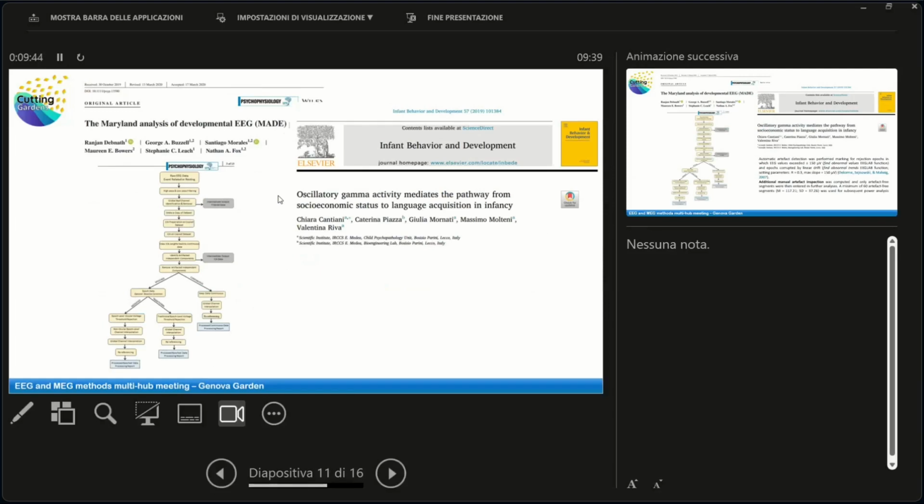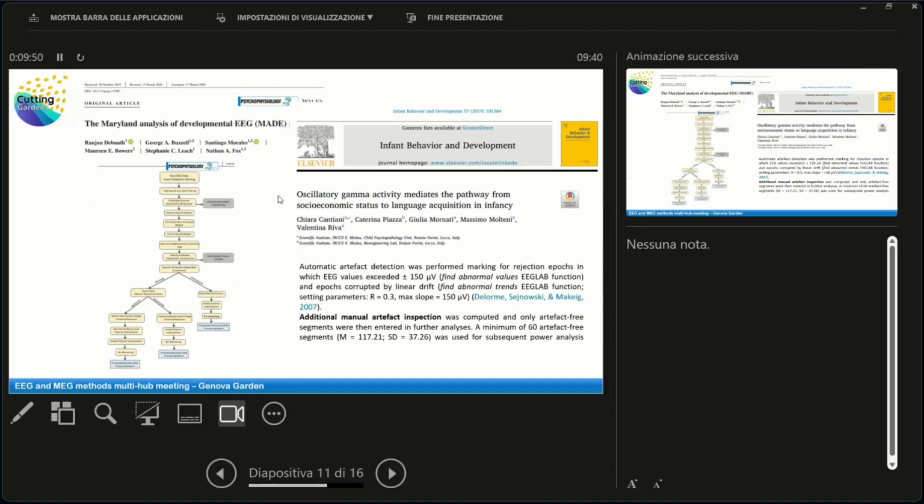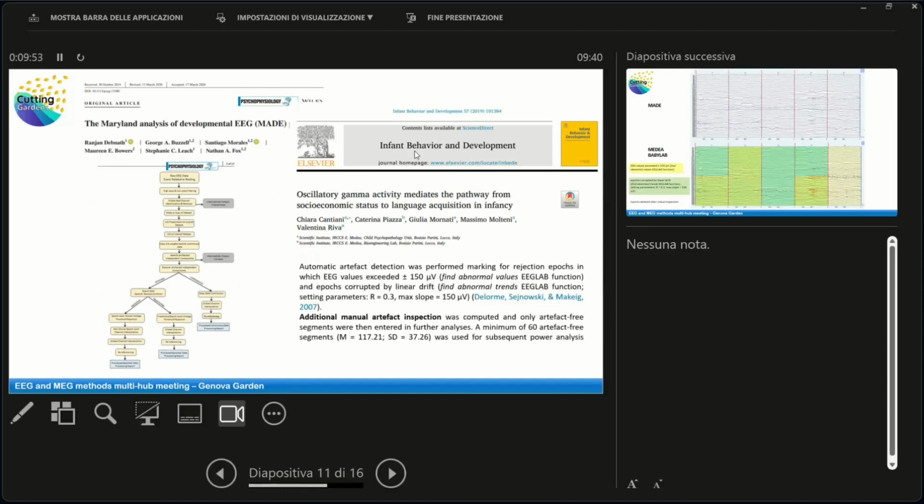That was great. I was a little bit scared because, you know, when you have some published data and someone wants to reprocess it, you are a little bit scared. So in this paper, we used this kind of artifact detection algorithm. We used a couple of tools developed for adults, and then we did manual artifact inspection.